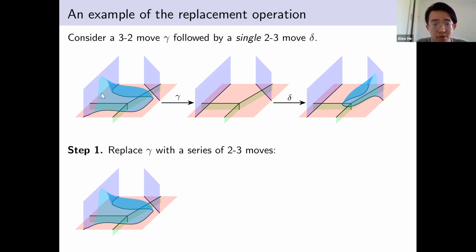So you undo this 2-3 move, and then you do this 2-3 move here. And we want to realize this by a monotonic sequence in the way that I defined before. So the first step is you're not allowed to use this 3-2 move here. You're not allowed any 3-2 moves. So we have to use 2-3 moves only.